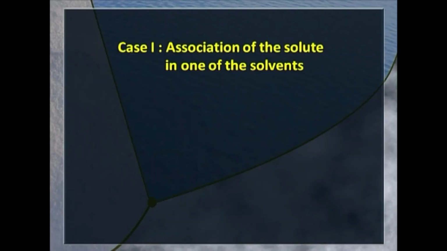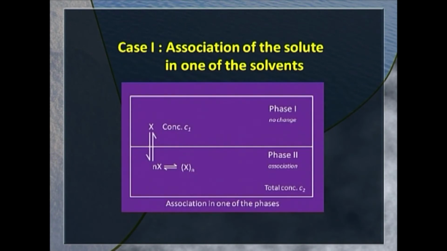Now let us look at the special cases where the solute may not behave as a simple molecule. Let us take case 1, in which association of the solute in one of the solvents takes place. That means in one solvent it behaves normally, say the solute you can see as X. In the second solvent it forms an associated molecule. Let X represent the molecular formula of the solute.